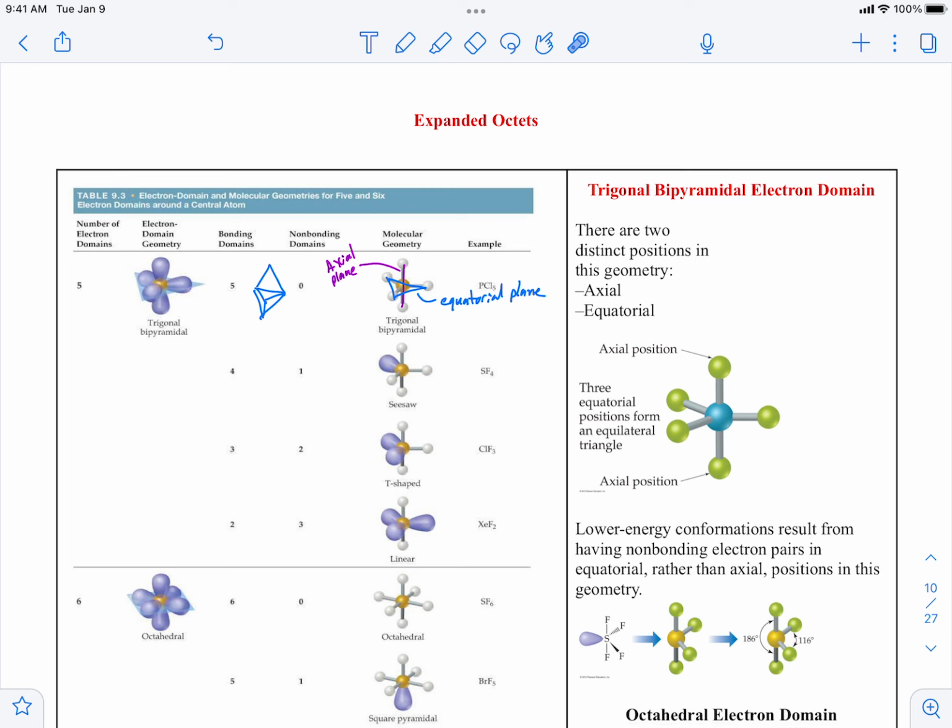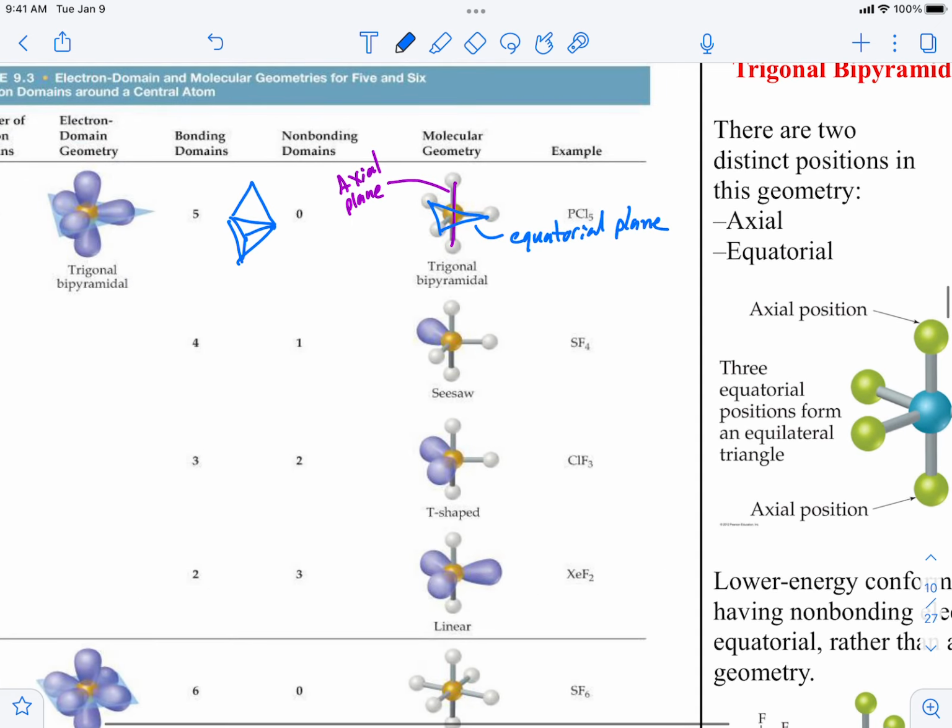If you have a lone pair, so 5 groups total, 4 bonds, 1 lone pair, the lone pair will be on the equatorial plane. Okay, so lone pairs on the equator. That is where they must be.